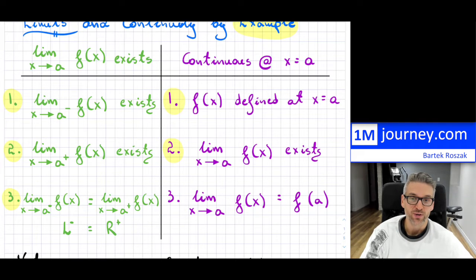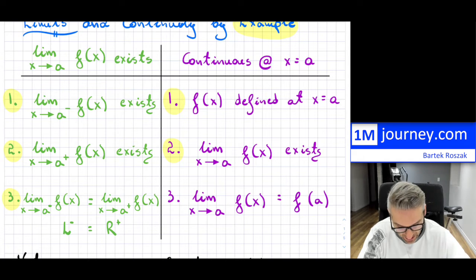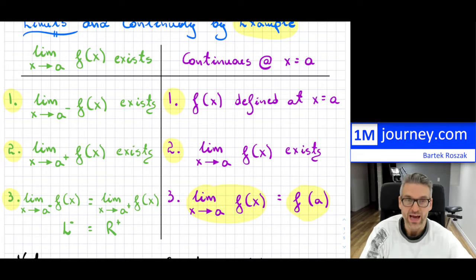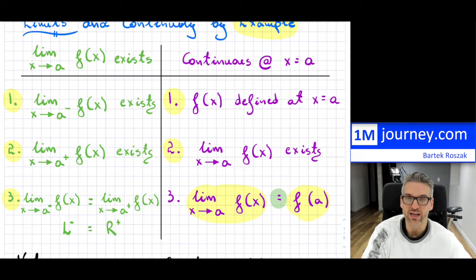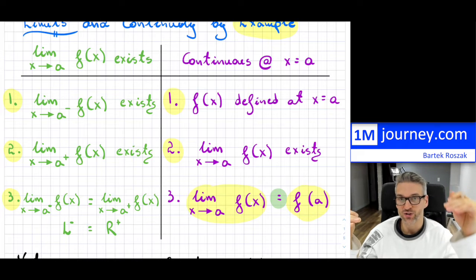If they hold and your function is defined at a, so a is in the domain, then we have to check: not only does the limit have to exist, but is it equal to the function at a? We substitute a into the function and check whether these two are equivalent. If they're equivalent, then we say that it is continuous at x equals a. So those are the two key things, limits and then continuity.